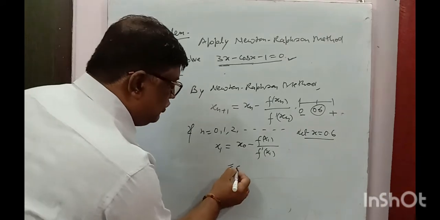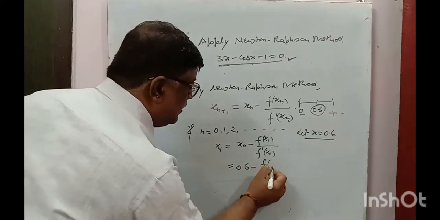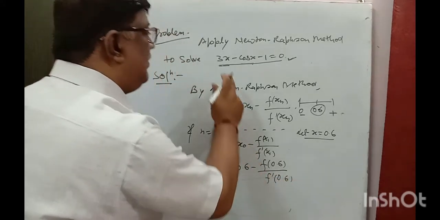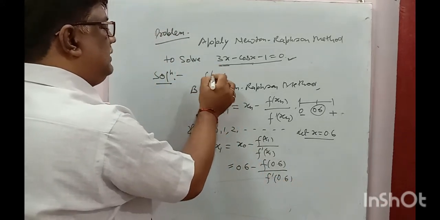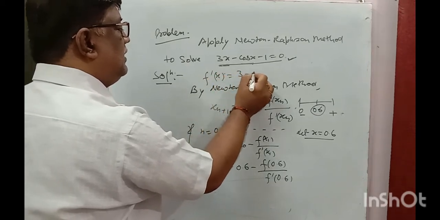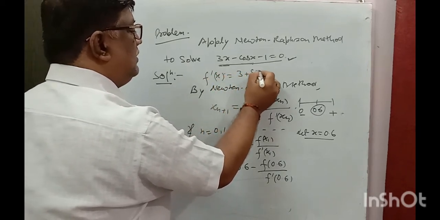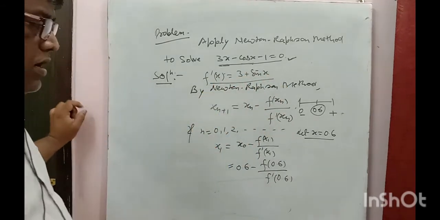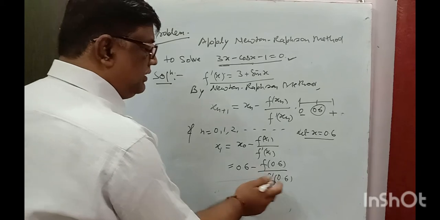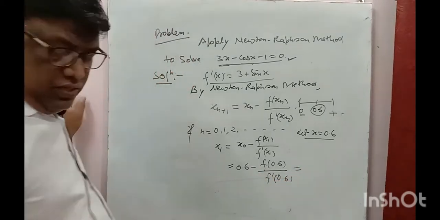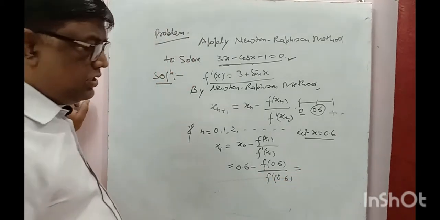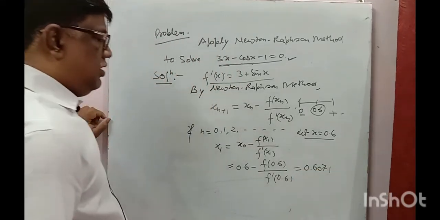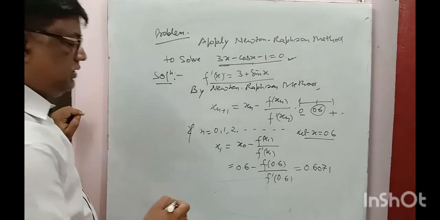Then this gives 0.6 minus f(0.6) upon f'(0.6). Here we find f'(x) = 3 + sin x. This is the value of f'(x). Clear? Now putting these values in the equation and doing the calculation, we get the answer 0.6071.